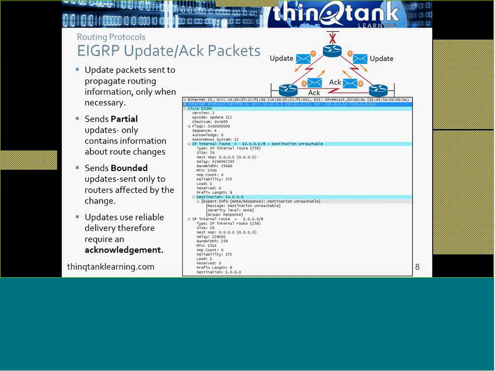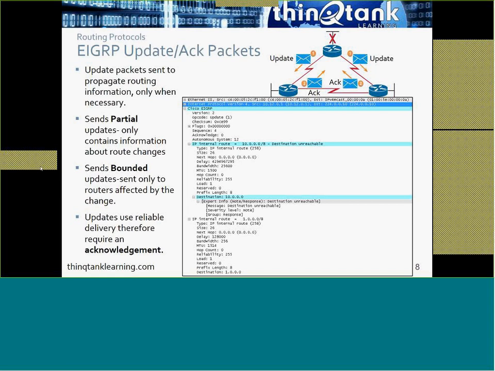All right. So updates allow us to send out routing information during our initial convergence process. Updates also allow us to send out changes in routing information. Okay? So you see here, we send out partial updates, which means we don't send out our entire routing table. We only send out what changes.